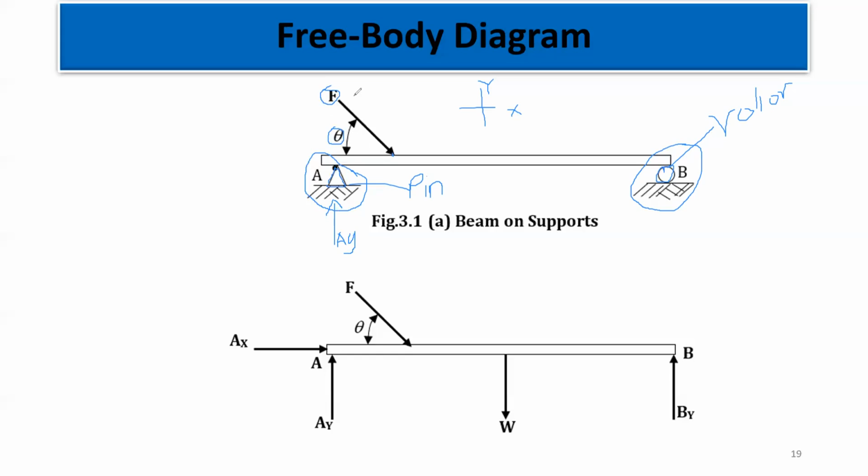Now if you look at this force carefully, if I resolve it onto the x, it will point from left to right. If there should be a force opposing it, then there should be another force here, which is A_x.